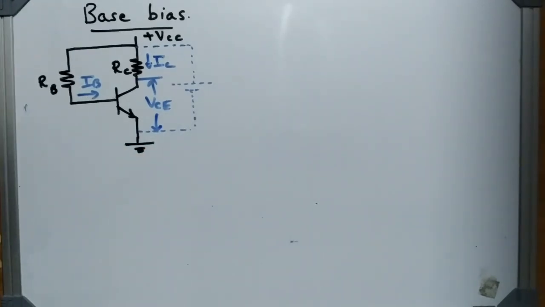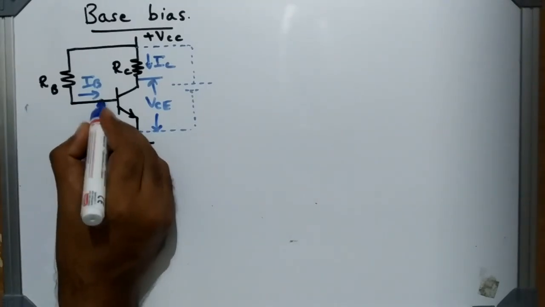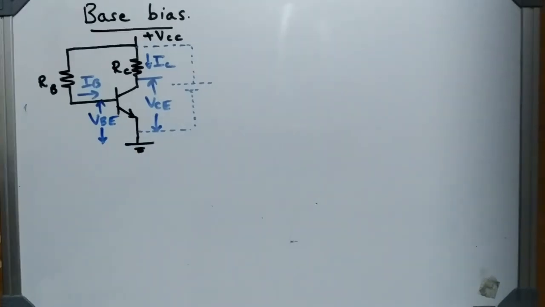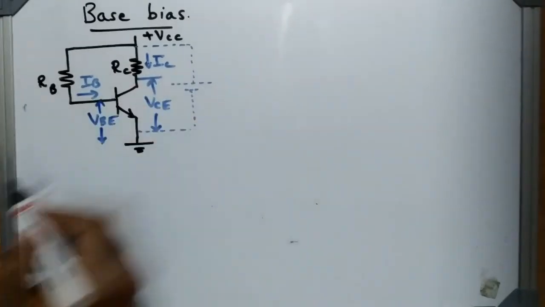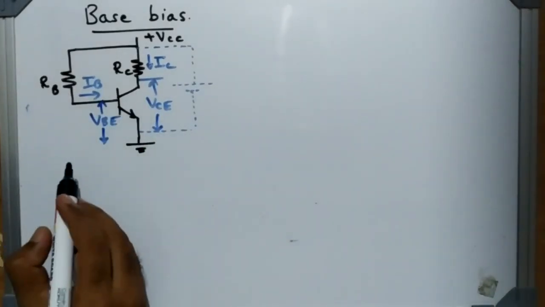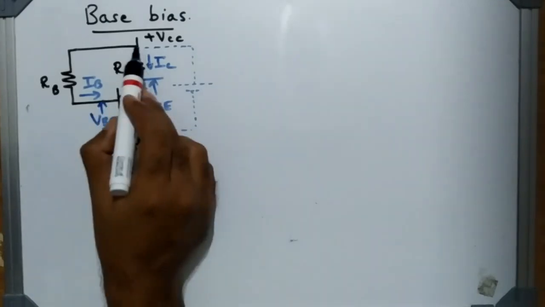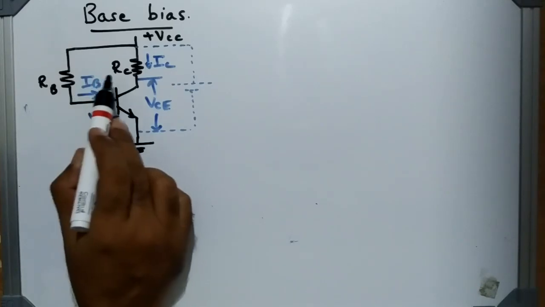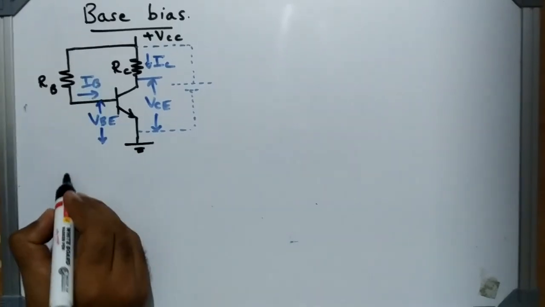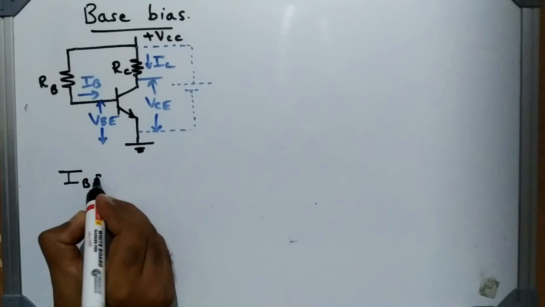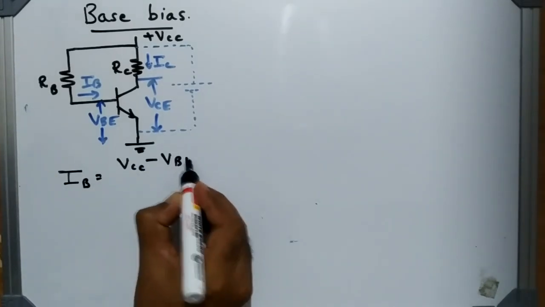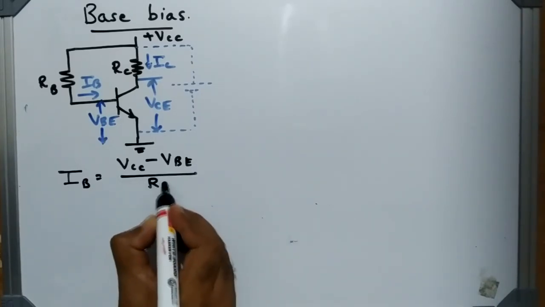Say this is VBE, the voltage between base and emitter. Now in terms of VBE and VCC, what is the value of IB? You apply Ohm's law. The voltage here is VCC, the voltage here is VBE, therefore the current through RB, that is IB, is equal to the potential difference, that is VCC minus VBE divided by RB.